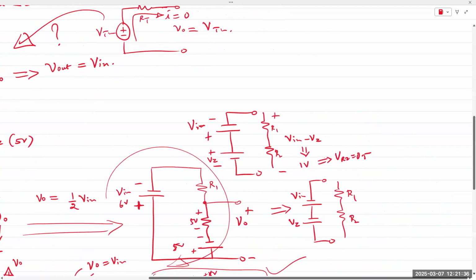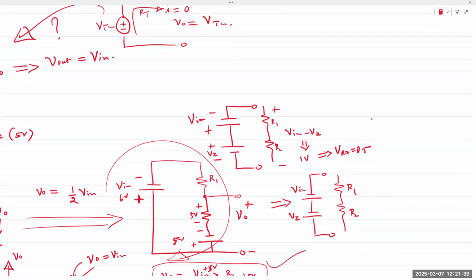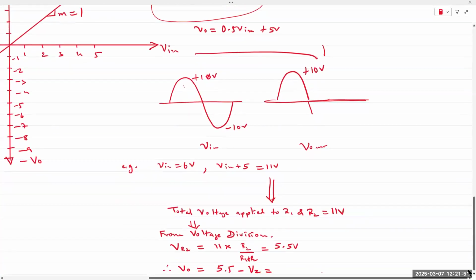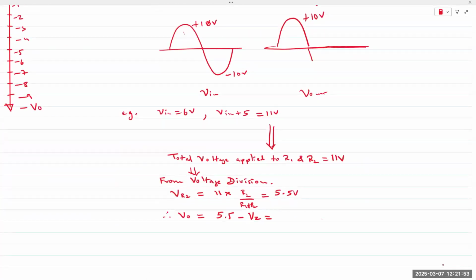Now, what is V out? 5.5. Same answer. So it doesn't matter how you take it. Either you take VZ plus at the cathode or plus at the anode, you would still have the same answer.